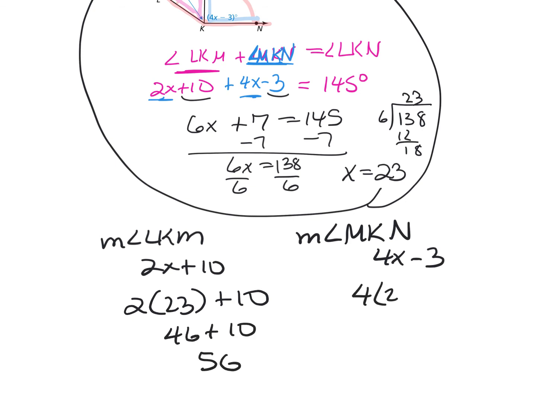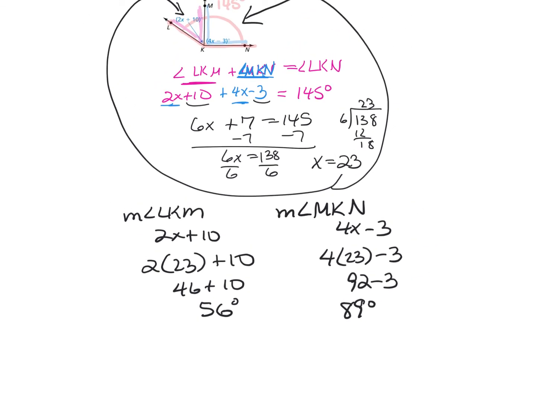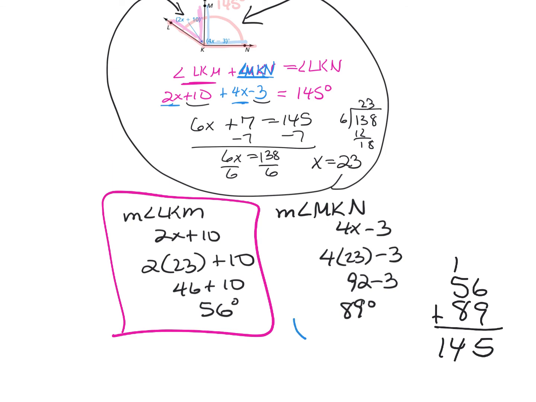So 4 times 23 minus 3, 92 minus 3, and I get 89. One way I can check to see if I've done this correctly is remember both of these added together need to equal 145. So if I do 56 plus 89 to double check it, I do get 145. So these two answers that I just got are correct.